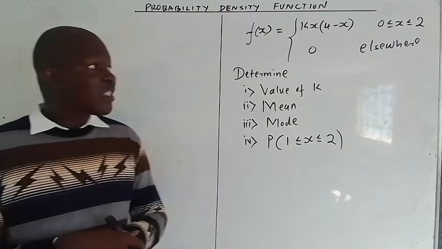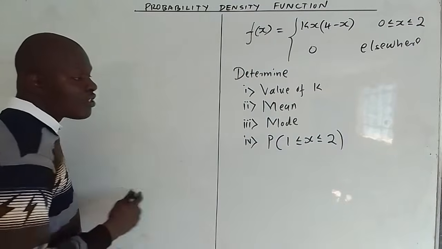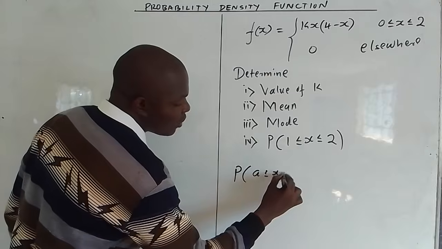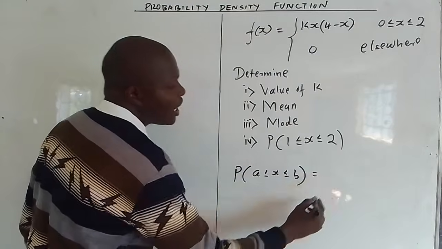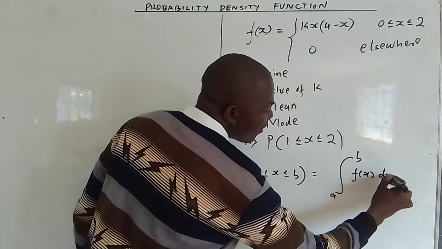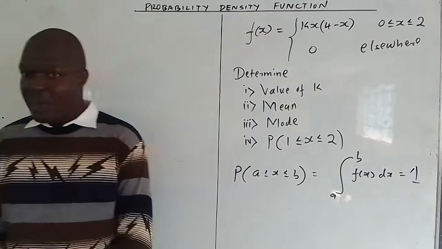So for a continuous random variable, in the case of a probability density function, if you want the probability of a random variable x between the range a to b, you integrate the probability density function over the whole of that range, and you get the whole range of a probability measure.